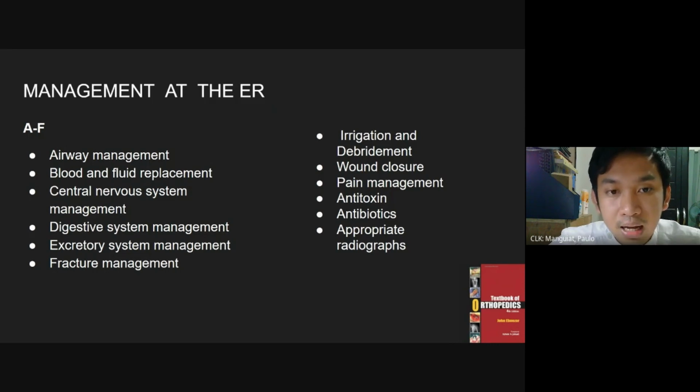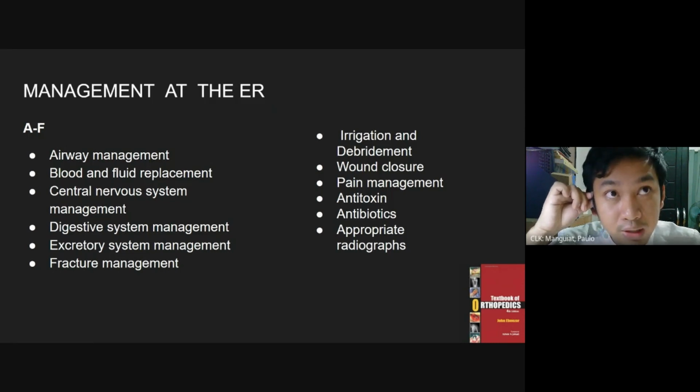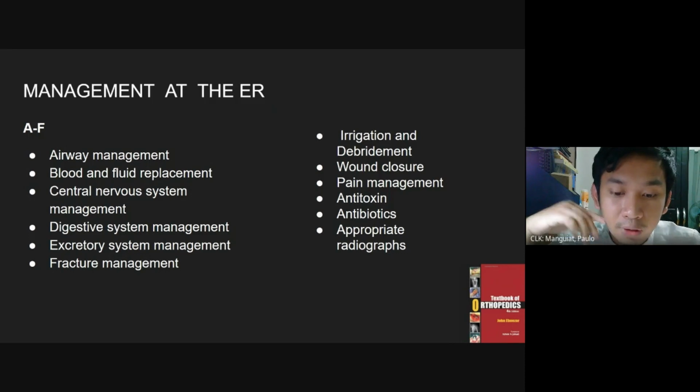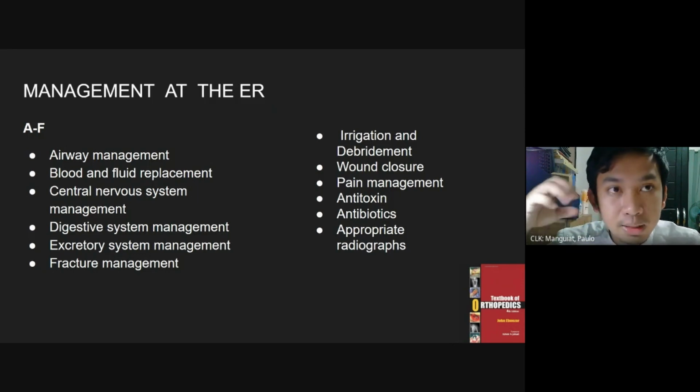So for the initial management at the emergency room, early irrigation and debridement are usually the mainstay of the treatment, and the goal is reduction of bacterial count. Usually the timing for this is within 24 hours of the event. For irrigation, saline with castile soap usually decreases primary wound healing problems.